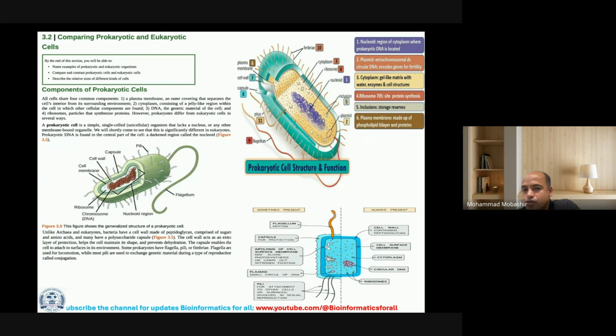Capsule is reserved for food and protection. Then enfolding of the cell surface membrane, which allows photosynthesis or carries out nitrogen fixation. Then plasmid, a small circle of DNA, and pili for attachment to other cells or surfaces.